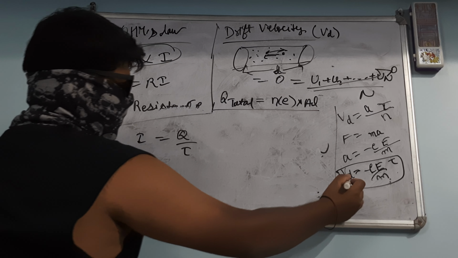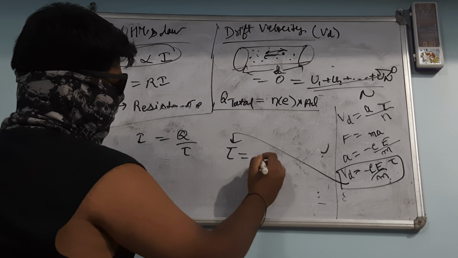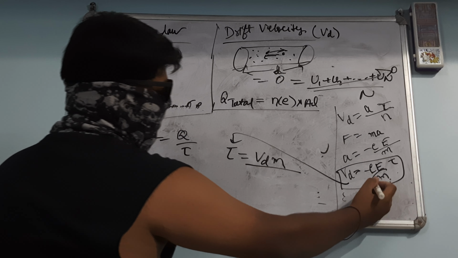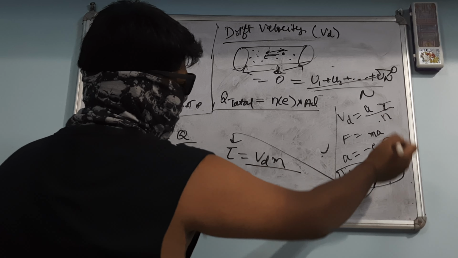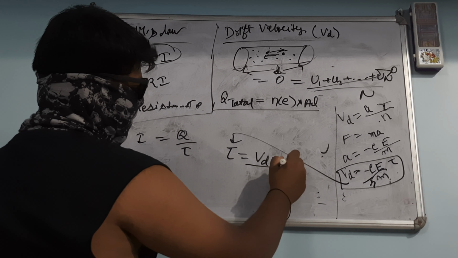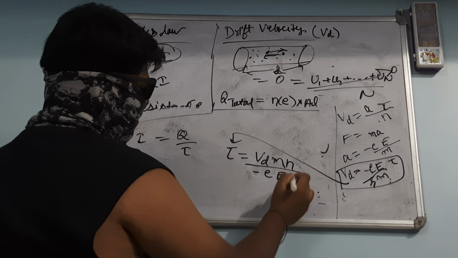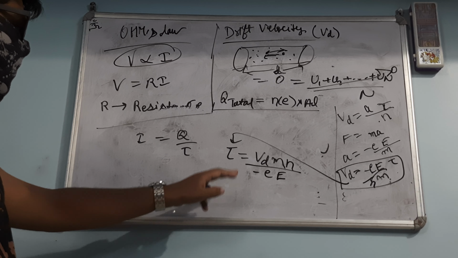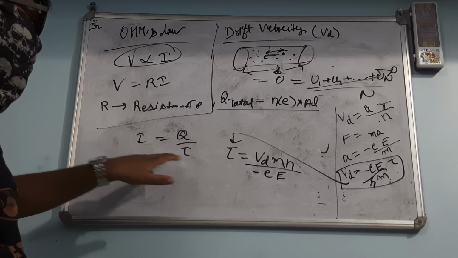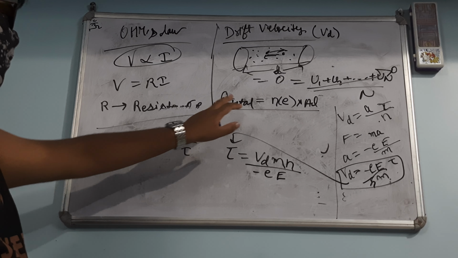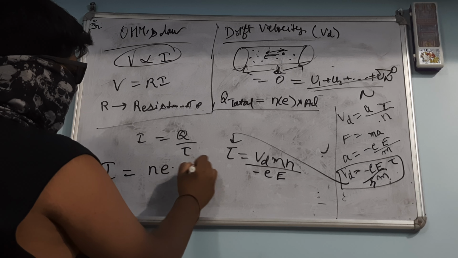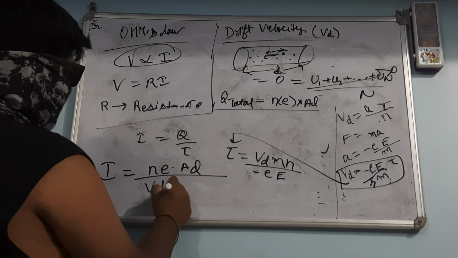And from here we get tau is equal to Vd m upon eE. So this we got drift velocity. From this drift velocity we got time, and now we will use time in I from here and Q total from here. So we get I is equal to n e A d upon Vd.